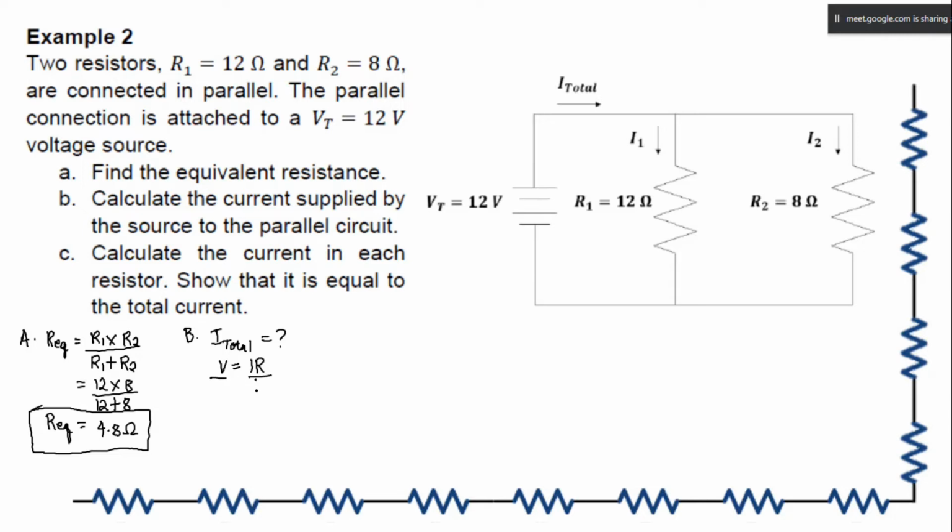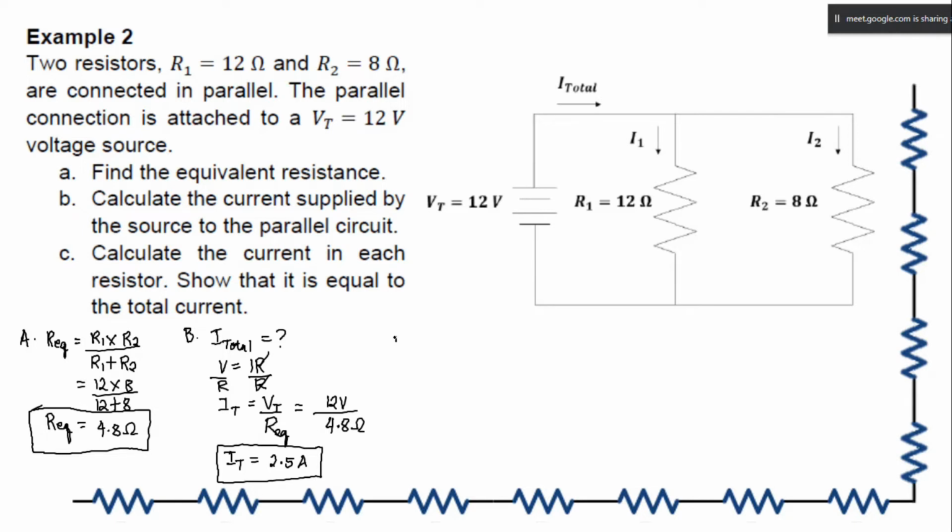So divide both sides by R. R cancel out, I sub total natin is equal to V over R. Where V there, that is our V sub T, and our R here, it's R sub EQ. Substitution, V sub T, that's 12 volts, divided by our R sub EQ, that is 4.8 ohms. 12 divided by 4.8, that is 2.5 amperes. So, this is our final answer.